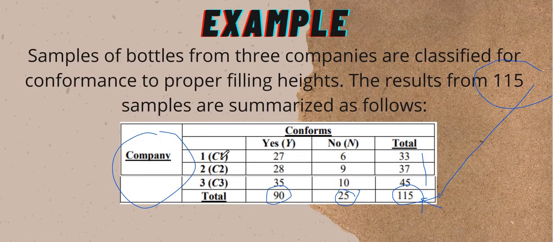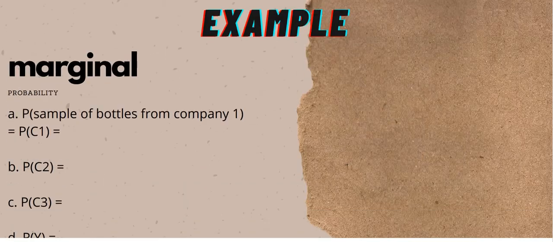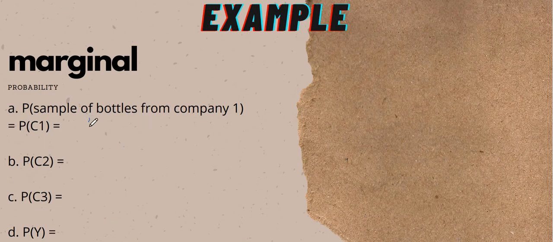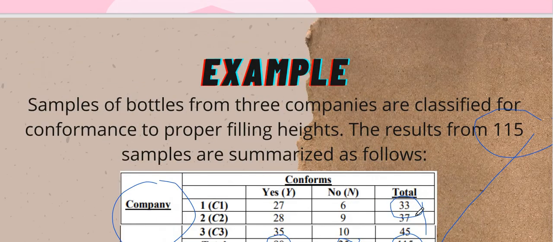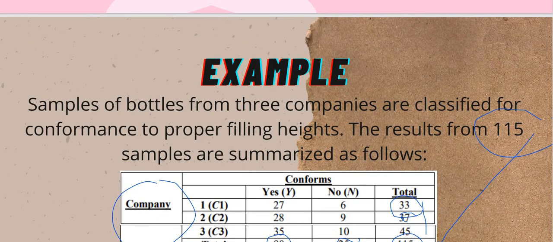This is C1, and the total here is 33, so 33 over 115. It's easy, right? This is how we find the value. Like P(C2), you just take 37 over 115.